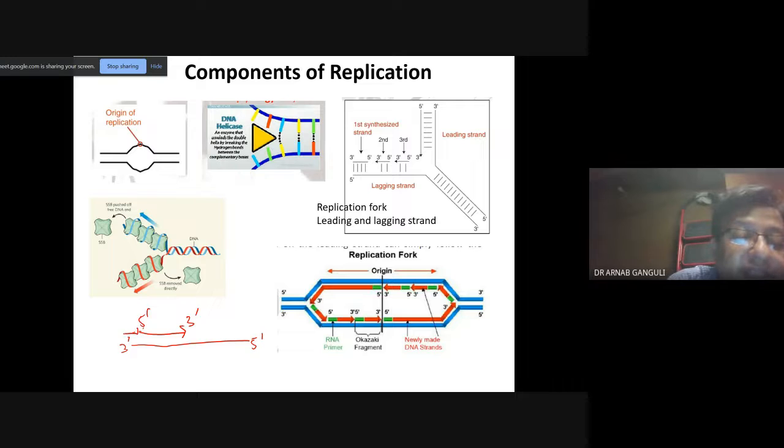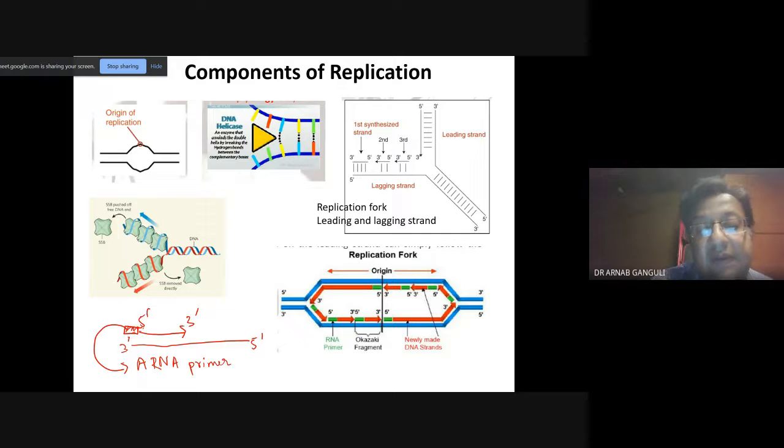There is always a little RNA primer that needs to be added.